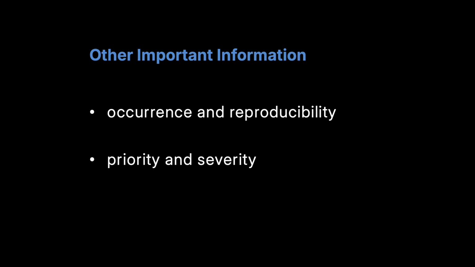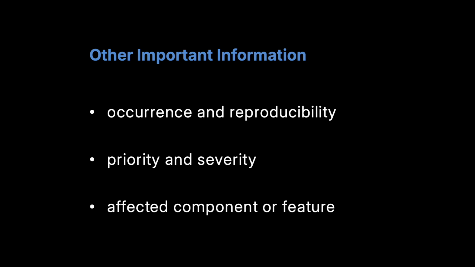Then the priority and severity of an issue is also utterly important for the classification of a problem. The severity reflects the functional impact of the issue on the feature, and the priority should reflect the organizational importance of the issue resolution. And in a complex system with many components and features, it is critical to guide the issue to the right responsible person.